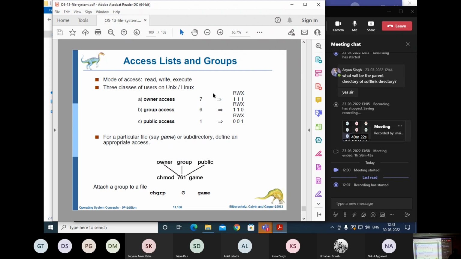And then for each one of these classes of people, you need to say 3 permissions. Whether they can read the file, write the file, or execute the file. What does execute mean? Read and write, you know. Read from the disk block, write to the disk block. Easy. What does execute mean? Use it like a program.